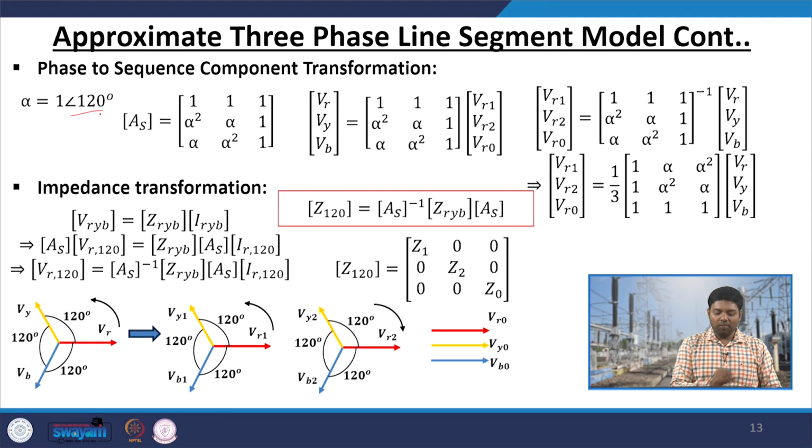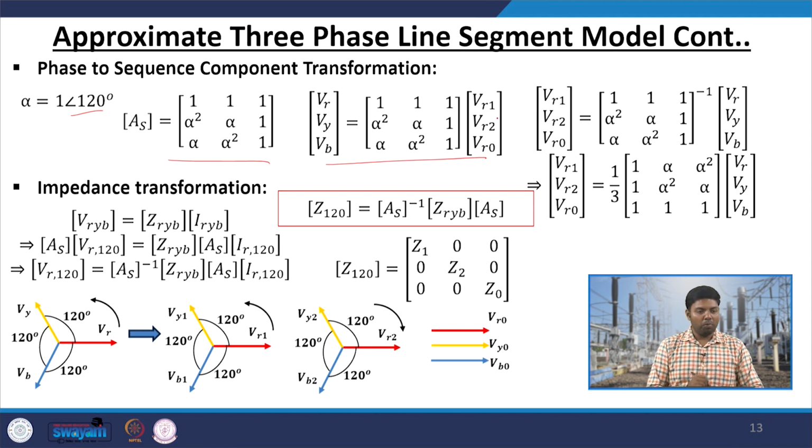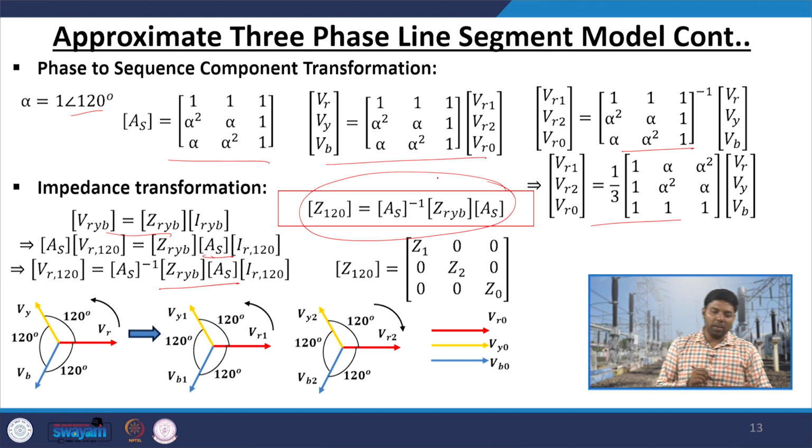So, we use the alpha operator, which is given by this matrix AS. You can represent the phase voltage in terms of the sequence component matrix, and similarly the inversion, as we know from our fault studies. Then, if you use the same KVL, V RYB equals Z RYB times I RYB, you put in the AS matrix, and your sequence component impedance is given by AS inverse Z RYB AS.